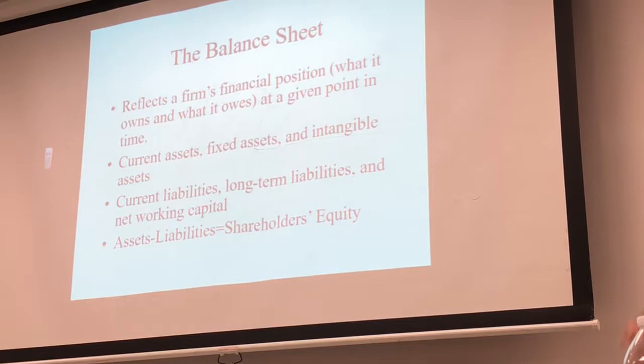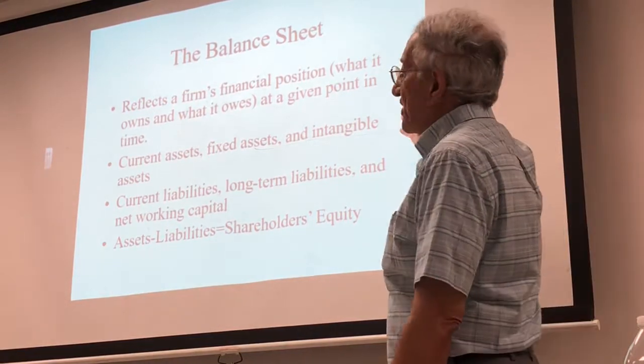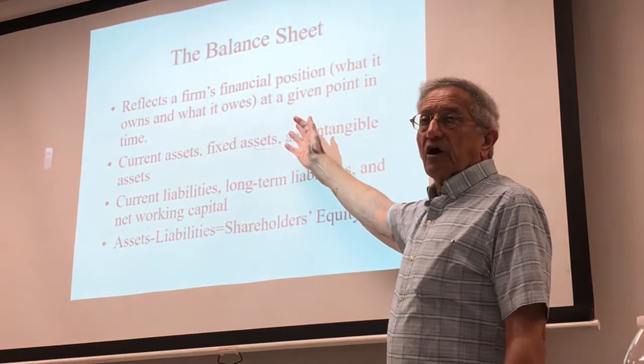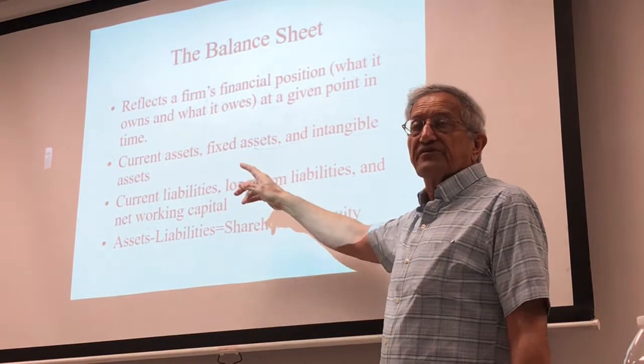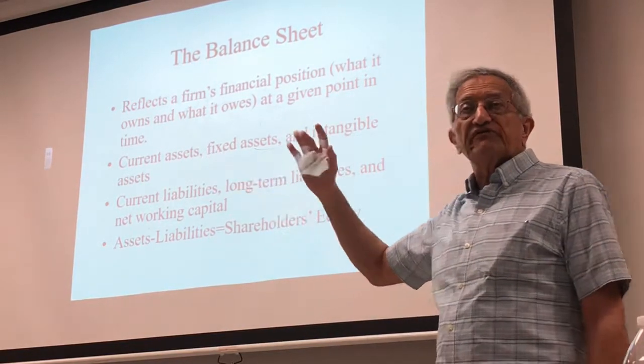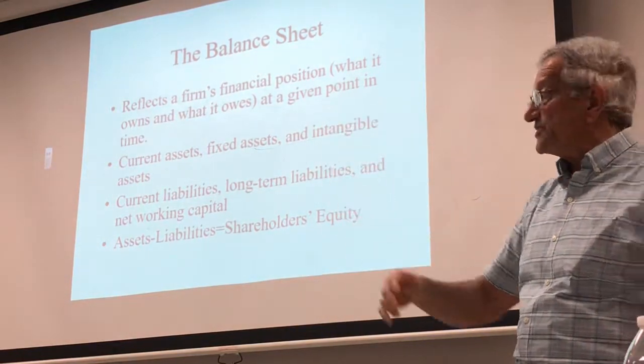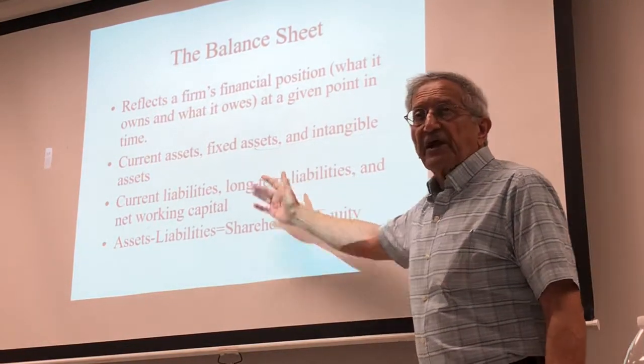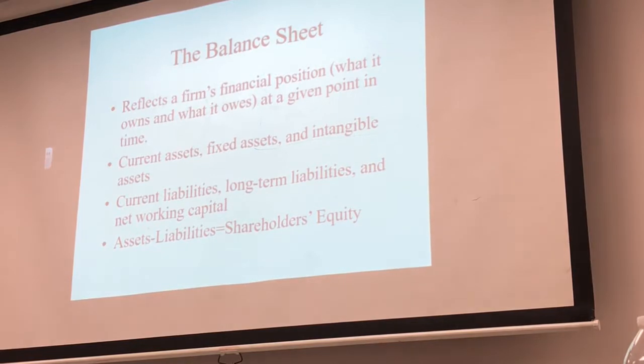So that's what a balance sheet does at a given point in time. So there will always be a date, as of December 31st, 2017, okay? As of January 1st, 2018 or 19. There are 3 types of assets: current assets, fixed assets, and intangible assets.